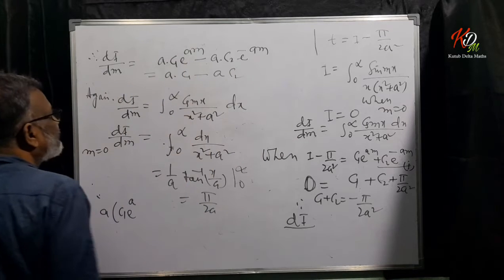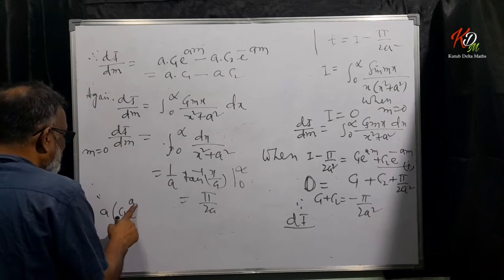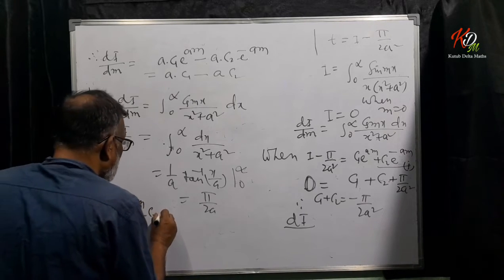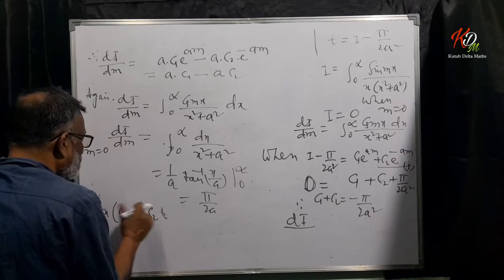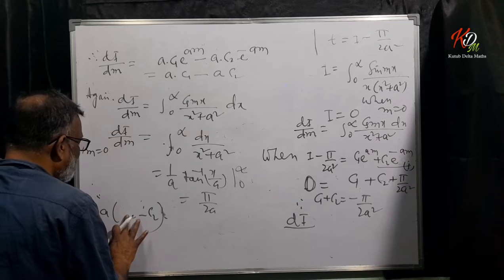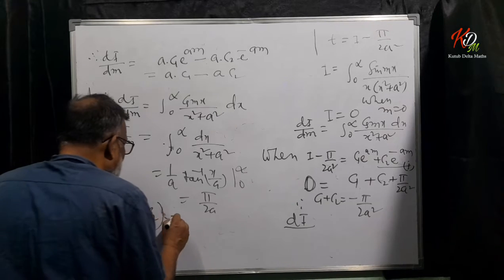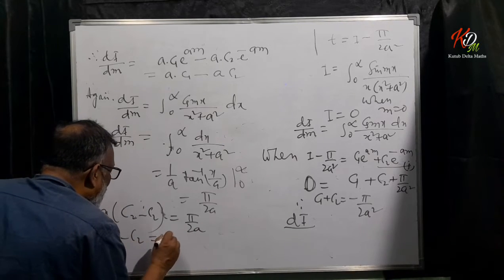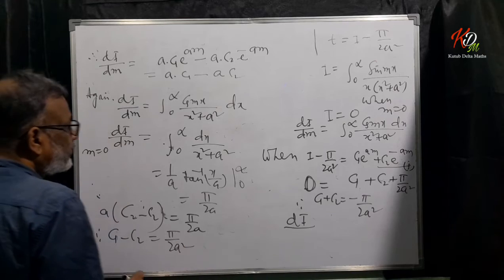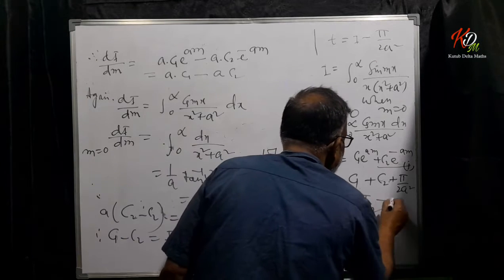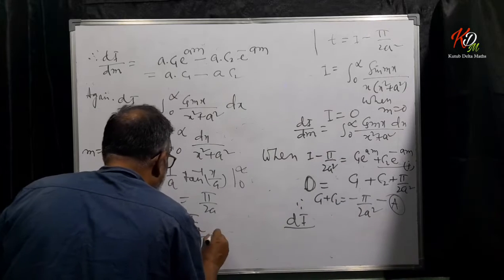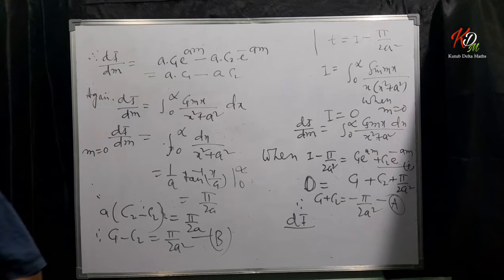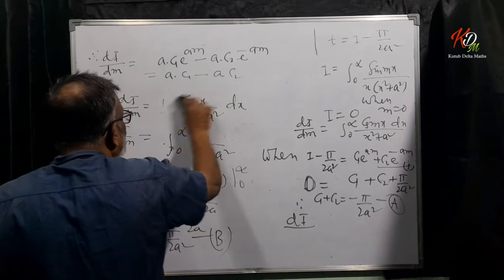Putting m equal to 0 here, c1 minus c2 equals pi by 2a, so c1 minus c2 equals pi by 2a square. So this is equation A and this is equation B. Obviously, solving these equations, we have c1 and c2.